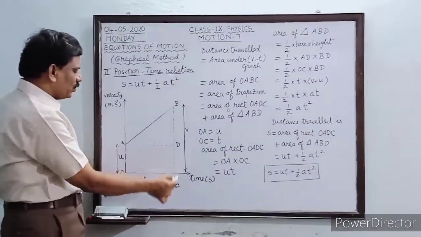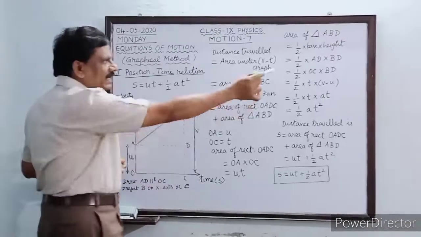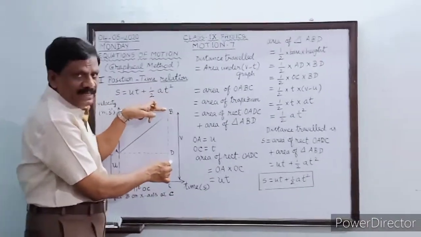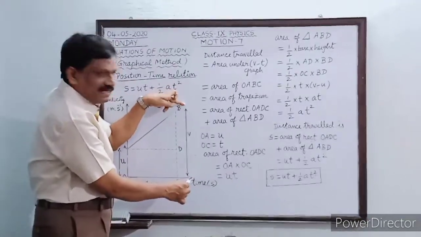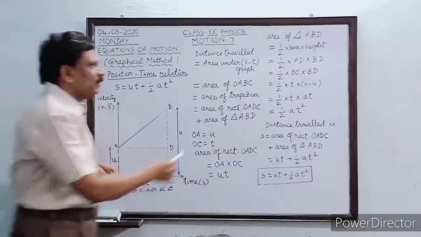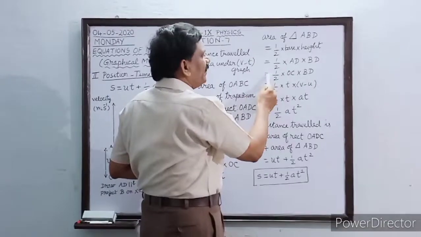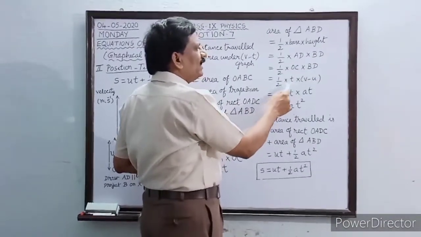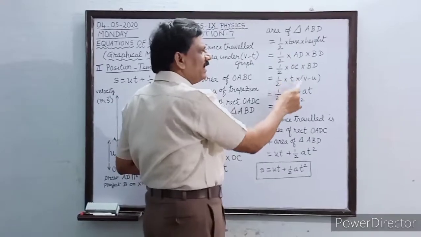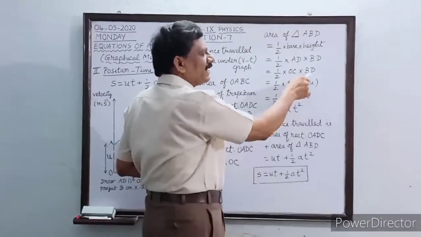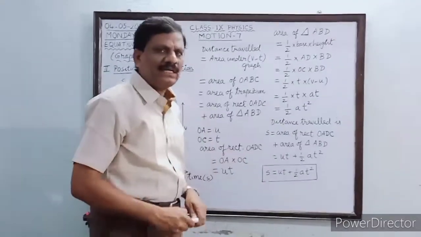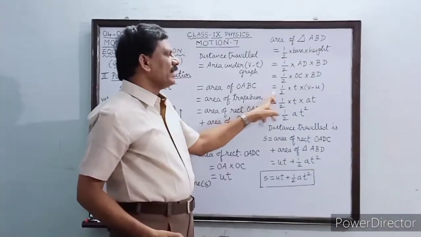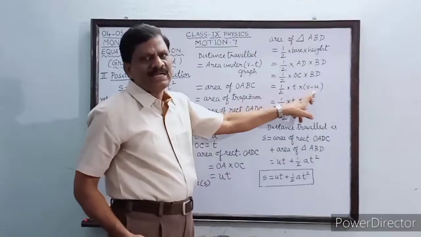Therefore, I can substitute OC in terms of AD. And already we have found that this portion BD is what? The final velocity V minus initial velocity U. So this half into OC into BD can be written as half into T instead of OC and V minus U instead of BD. Okay. So the area of the triangle ABD is now equal to what? Half into T into V minus U.